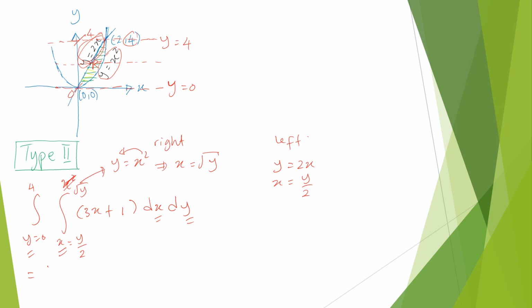Proceed yourself. So this is our final answer. The answer from type 2 must be the same as the answer from type 1.